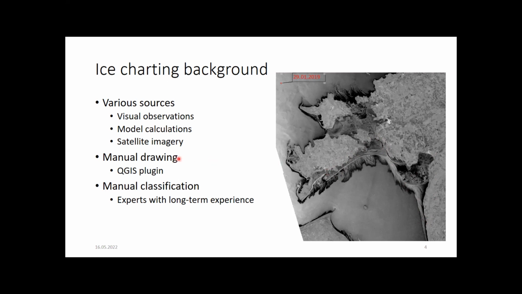There is a plugin for cookies application which enables it and makes it a bit easier, but nevertheless it requires a lot of manual work, and if somebody wanted to do this really accurately, it takes a lot of time.